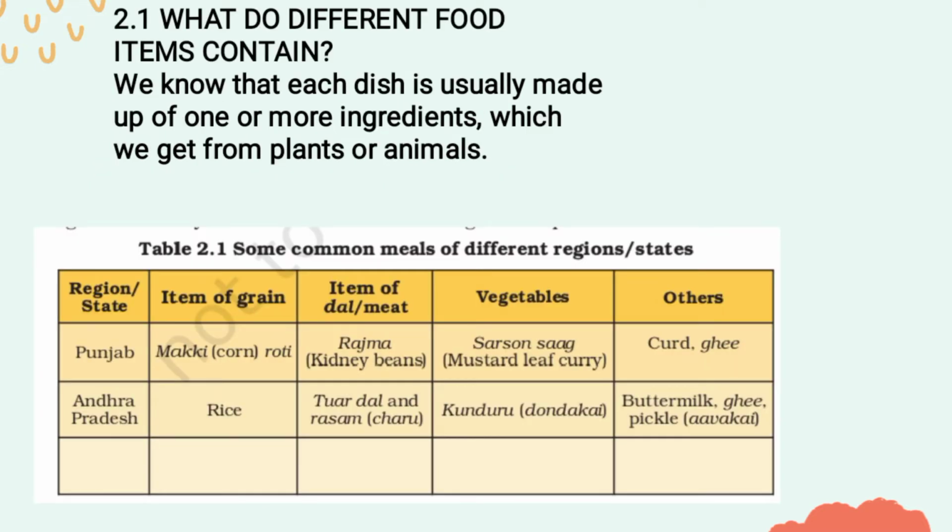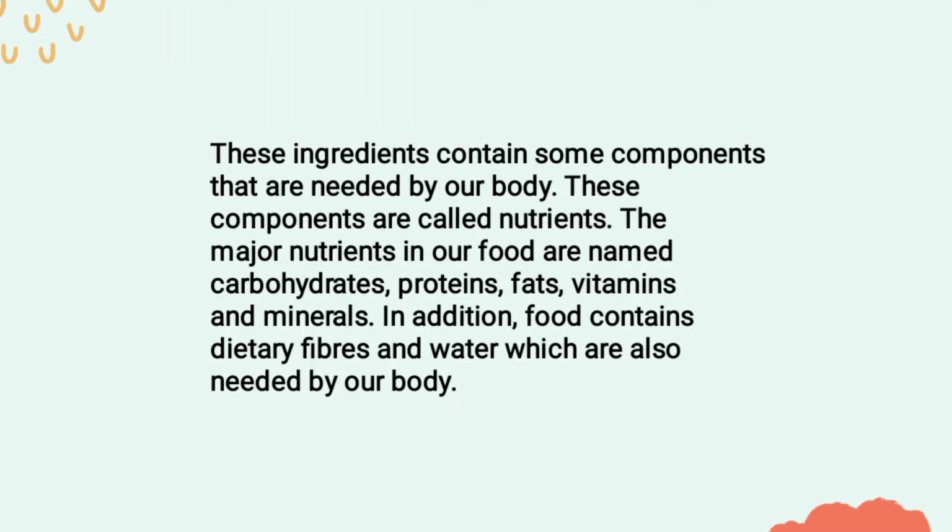So let us know what different food items contain. We know that each dish is usually made up of one or more ingredients which we get from plants or animals. These ingredients contain some components that are needed by our body.